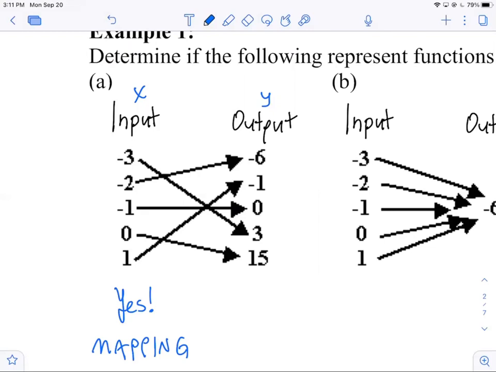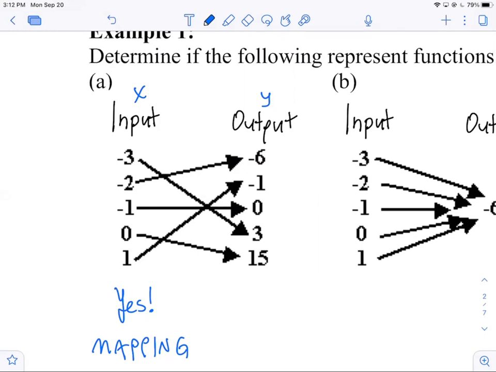Whoever said yes, or whoever was thinking yes, what criteria did you use? How can you summarize it for someone who's trying to do their own investigative work here? Each input has one output? They don't have multiple outputs.